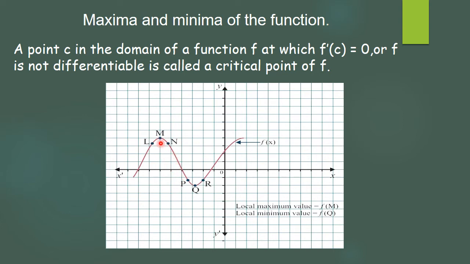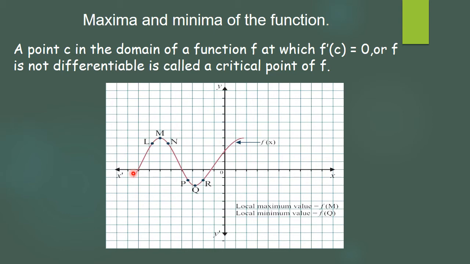In such a case this point M is called a local maximum point, and the value of f of x at this point is called a local maximum value. For the local maximum value there are two tests, the first derivative test and the second order derivative test.